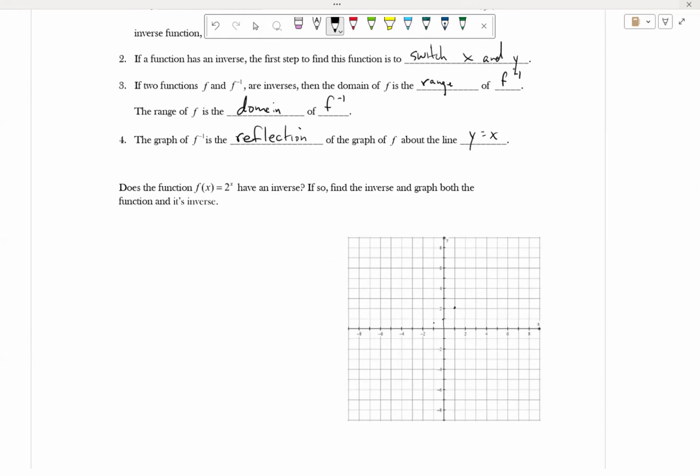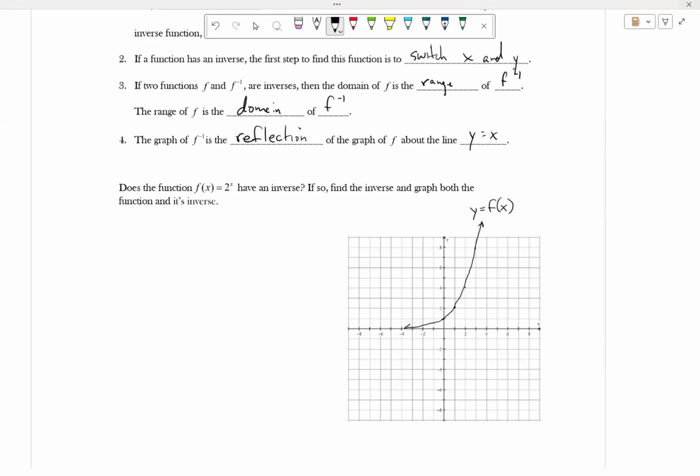If I were to graph the function, how do we know that it has an inverse? It's one-to-one, isn't it? How do we know it's one-to-one? It passes the horizontal line test. This is very specific to this function. So yes, it has an inverse.